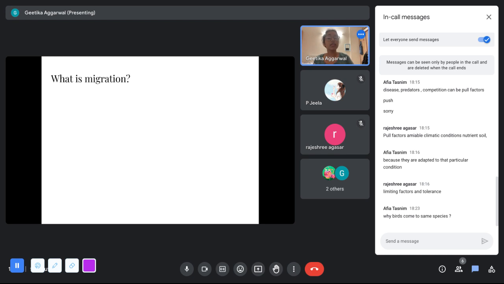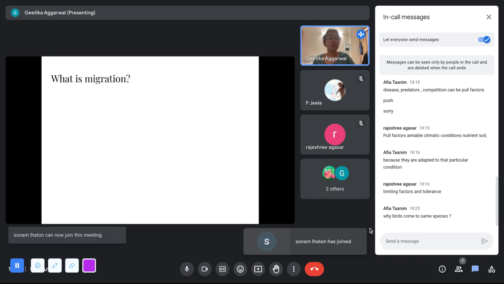The second thing is that they will prefer the same tree. They will come back to it year after year. And after laying their eggs, after getting a successful brood, they will break their nest so that they leave no traces behind that this tree was used in the previous year for laying eggs, and that it had a successful year. It had successfully hatched its eggs and the fledglings had gone out.